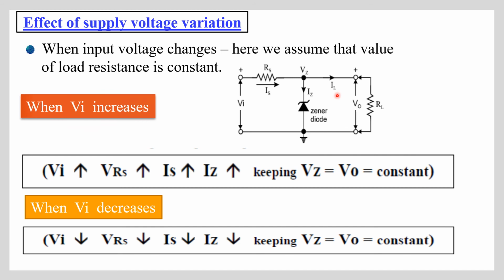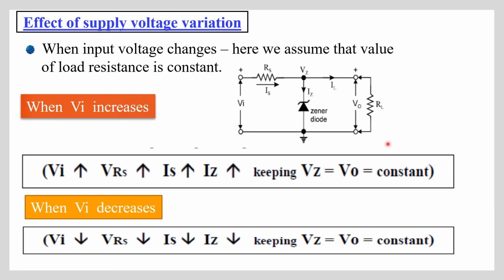Now this extra voltage is dropped across what? Rs. So the increase in voltage is dropped across Rs, keeping your output voltage constant. So when Vi increases, Vrs increases, Is increases, Iz increases, keeping the Vz constant, that is, the output constant.